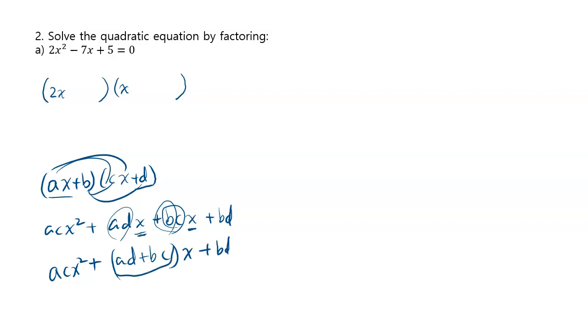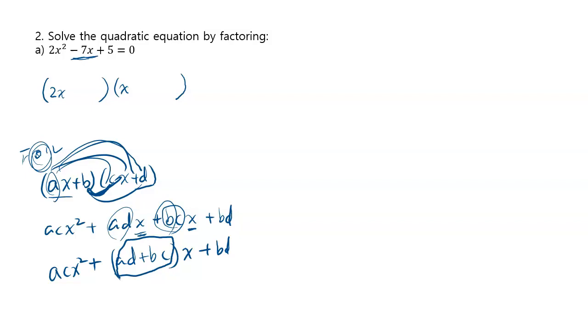And if you look at this, ad plus bc, that's the multiplication of the outer and then the inner. So in the FOIL, first, outer, inner, last, this OI thingy, the outer and the inner, these two create this middle term. Okay? So you just have to remember that. We're going to go back to that.